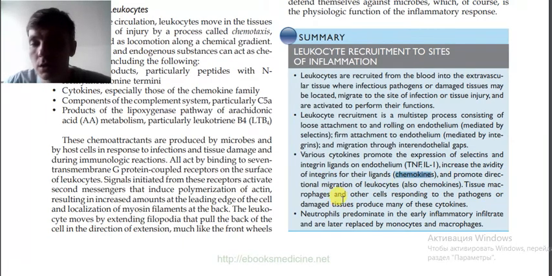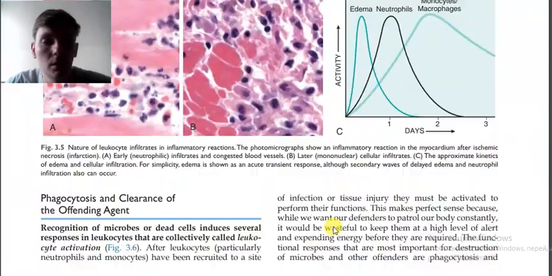Tissue macrophages and other cells responding to the pathogens or damaged tissues produce many of these cytokines. Neutrophils predominate in the early inflammatory infiltrate and are later replaced by monocytes and macrophages. That's what we'll discuss right now.